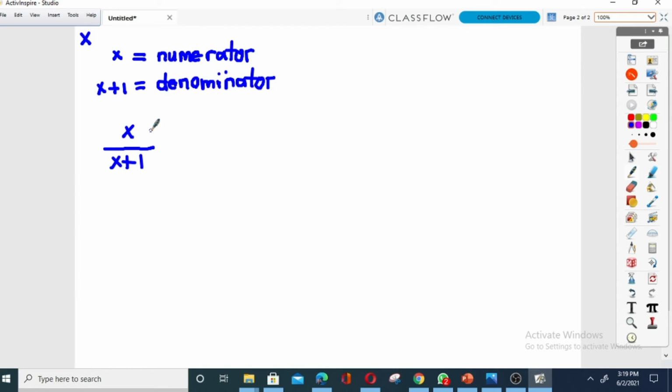So this is the numerator and this is the denominator. This will be our original fraction.